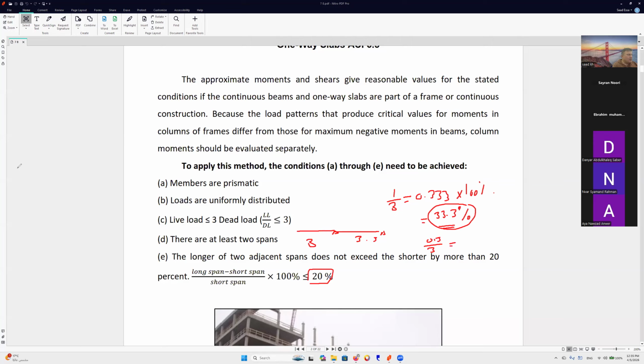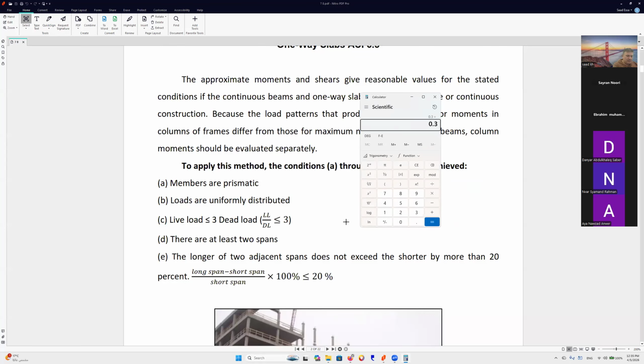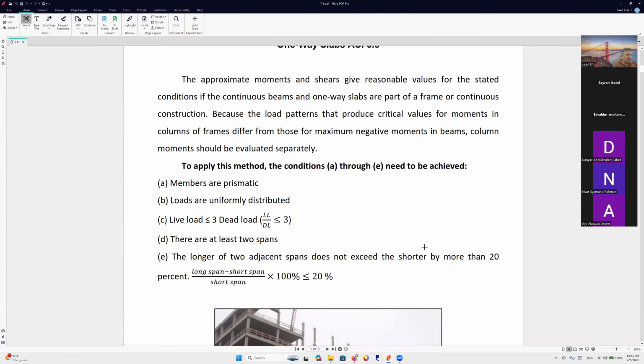We can use our calculator: 0.3 divided by 3 times 100 is equal to 10 percent. So this is the perfect one. Now I think you understand the difference between two adjacent spans.